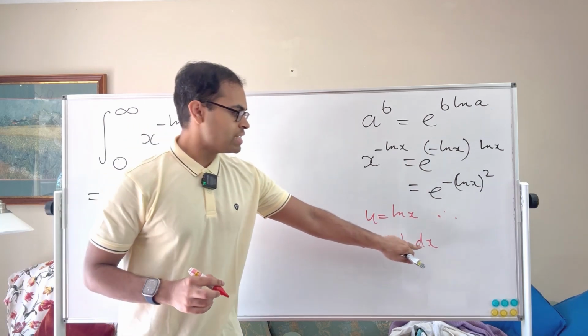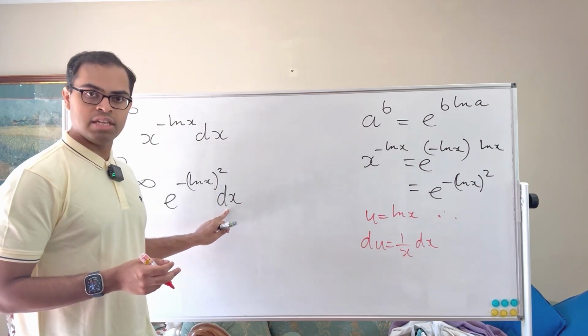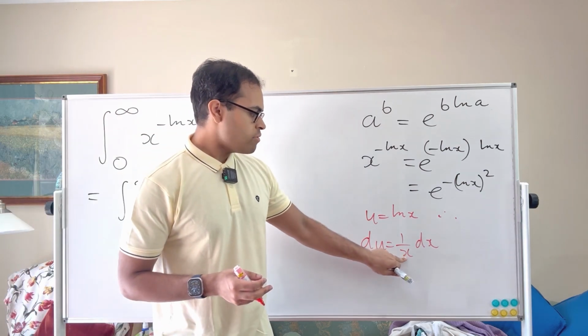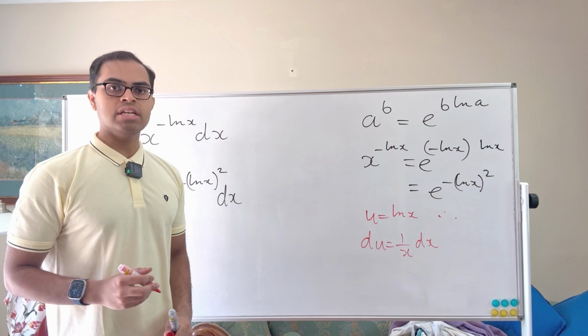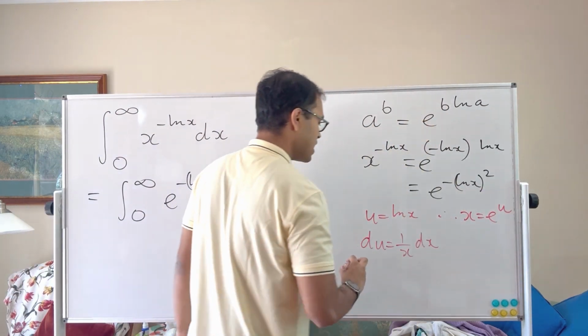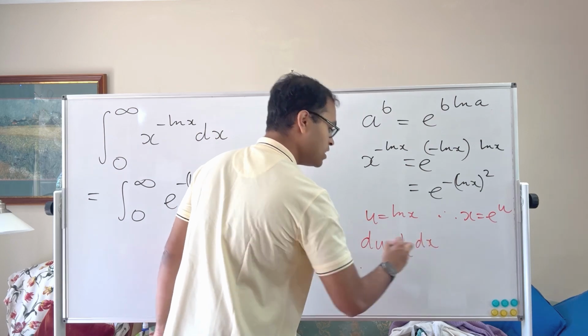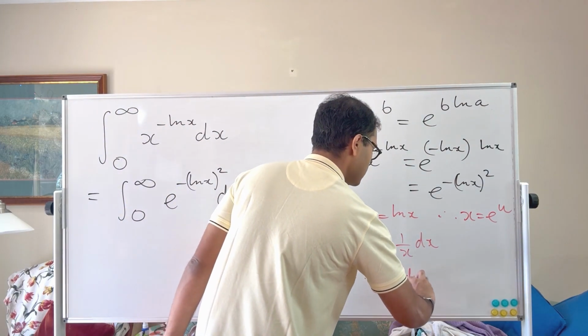But now we want to write dx in terms of u and du. We want to substitute everything in terms of u. But how do we write x in terms of u? Well, luckily, if u is log x, then x is going to equal e to the u. So x is equal to e to the u, and now we get that x du is dx, or e to the u du is dx.